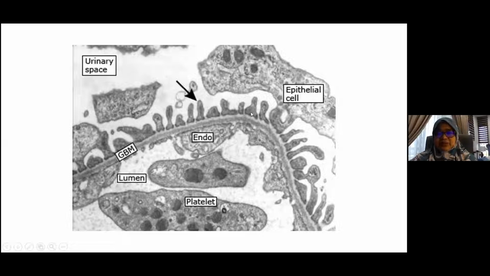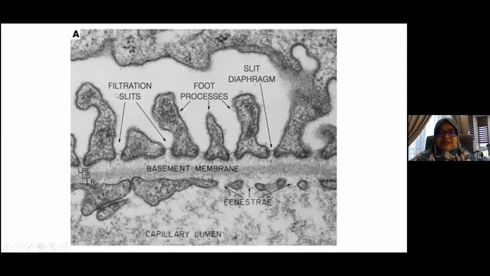Again, we can see the podocytes giving rise to the foot processes, and these are the endothelial cells, the nucleus, which gives rise to the fenestrated endothelium, and this is one of the platelets that we can see within the capillary loop.